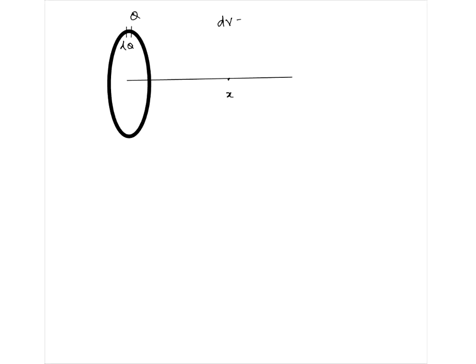Little potential due to that, let's say the radius is A, then KQ by this distance, it should be dQ, and this distance is under root A square plus X square.